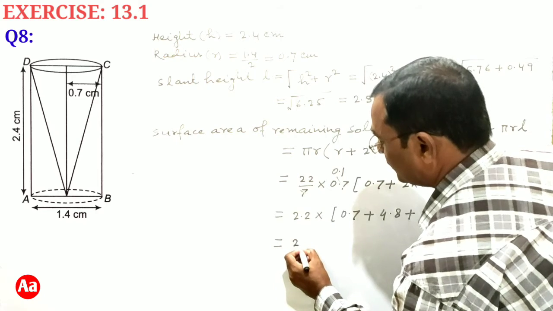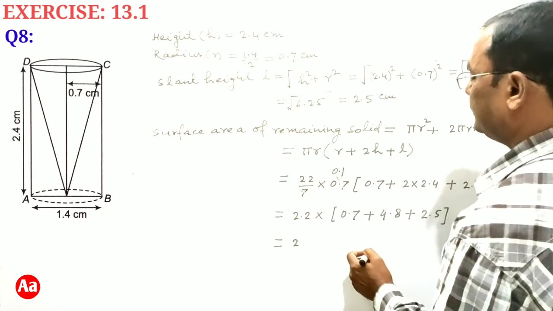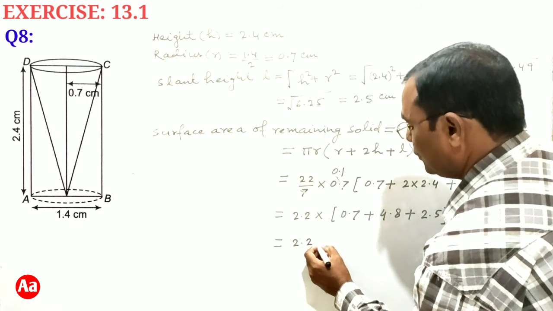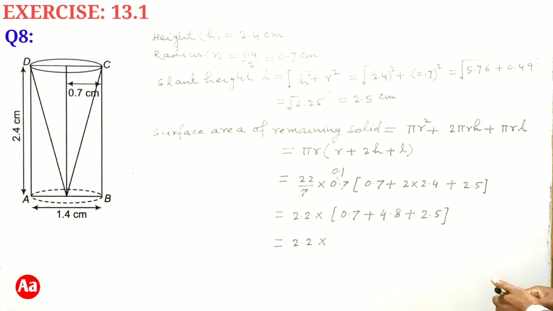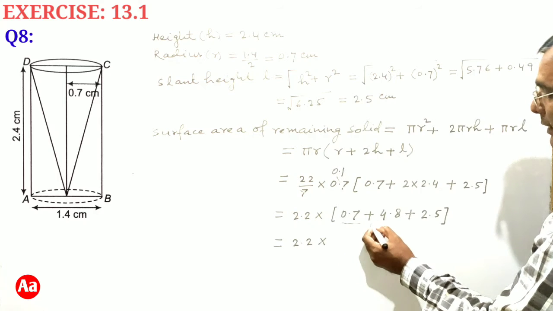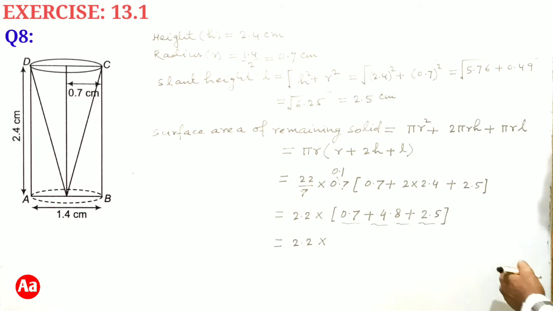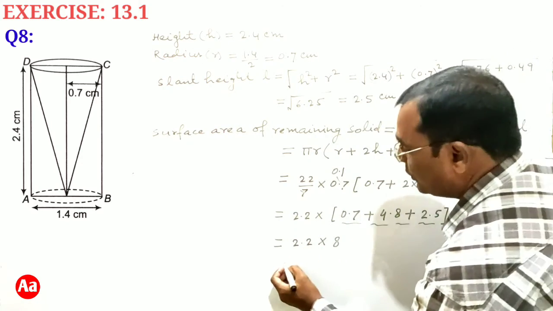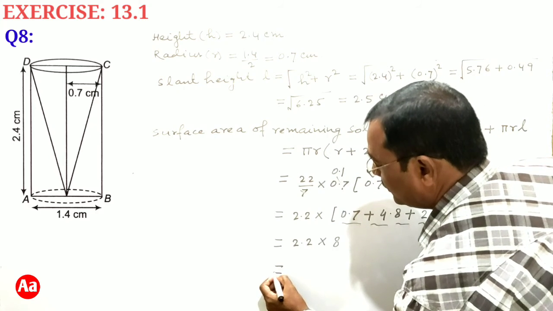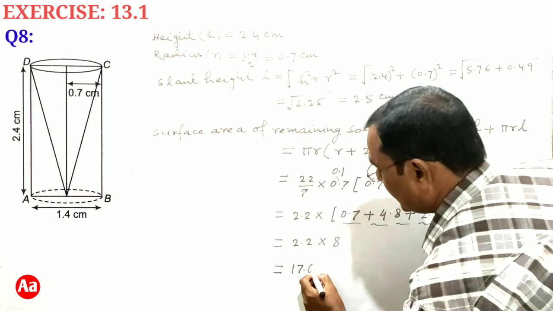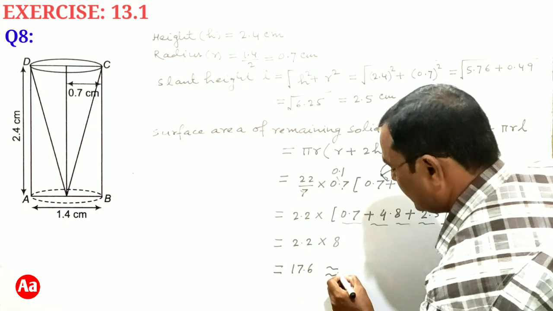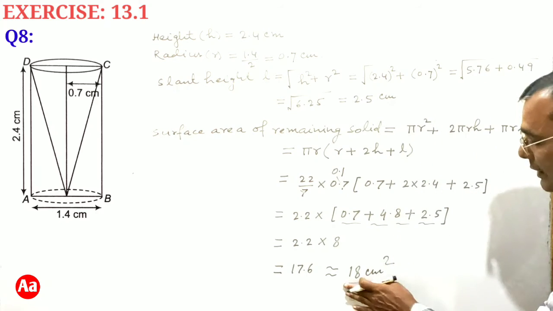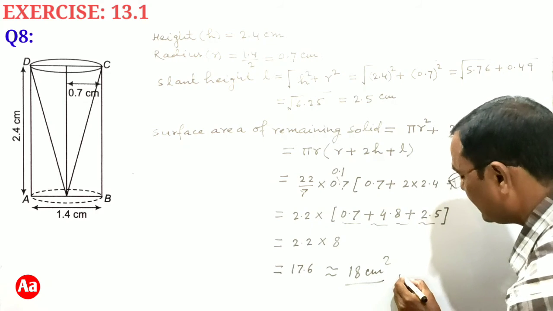This is equal to 2.2 into 0.7 plus 4.8 plus 2.5, which is 8. So 2.2 into 8 is equal to 17.6, and it is 18 centimeter square to the nearest centimeter square, and this is the answer.